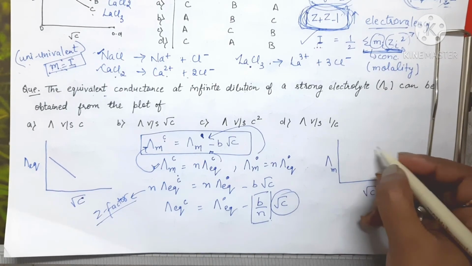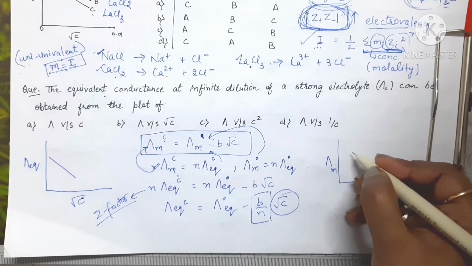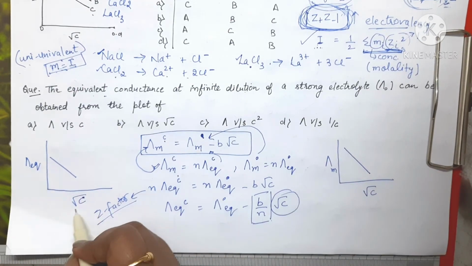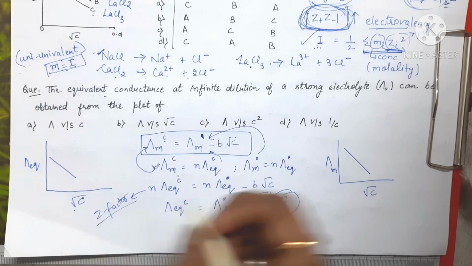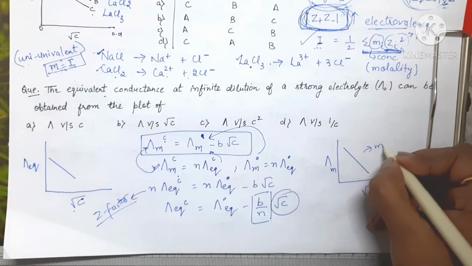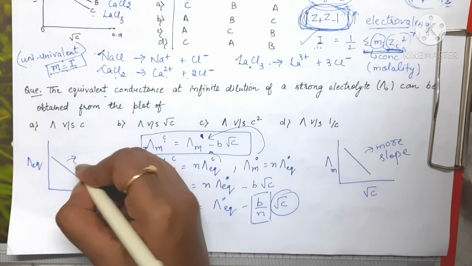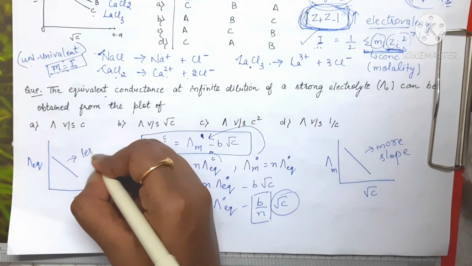In that, if we have the lambda m root C graph like this, then we'll have the lambda EQ and root C graph like this, right? Here the slope will be more in case of lambda m, and here the slope will be less in case of lambda EQ.